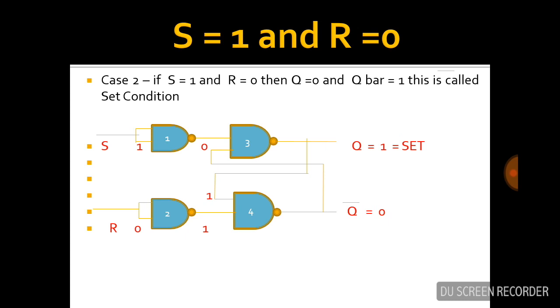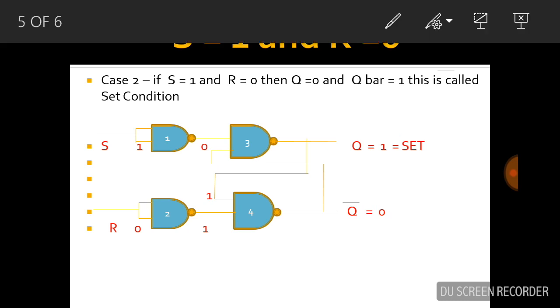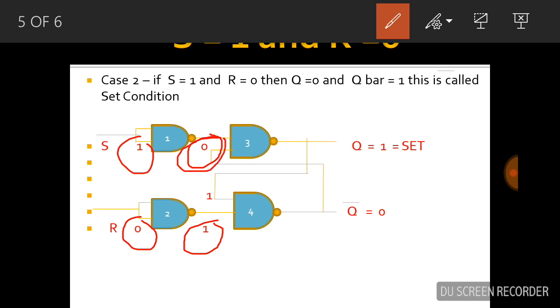Third condition: S is equal to 1 and R is equal to 0. Then the output of one NAND gate is 0 and the output of the other NAND gate is 1. If any input in a NAND gate is 0, the output is always 1.